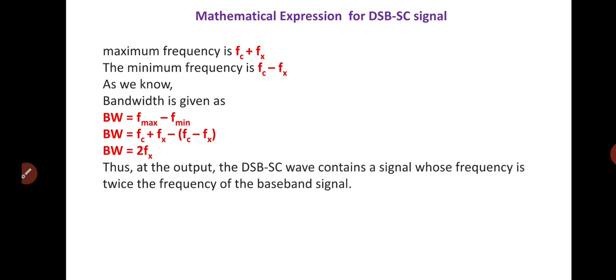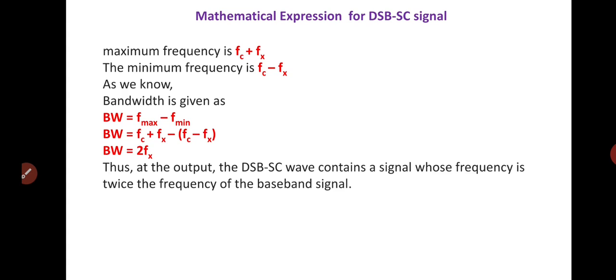So the maximum frequency is fc + fx and the minimum frequency is fc − fx. So the bandwidth can be calculated as fmax minus fmin.